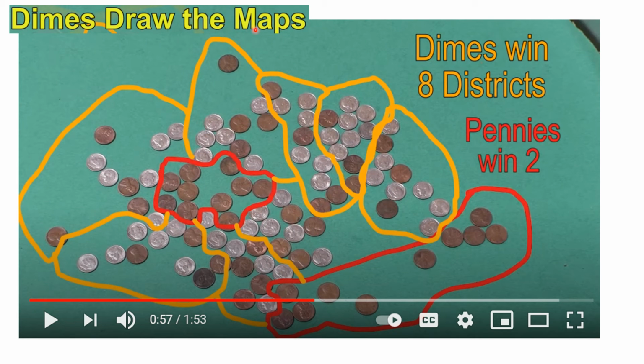If the dimes draw the maps, what they can do is draw configurations, and you can count to see where the pennies are clustered here and here, so the pennies win 2 of these districts, but you can verify by counting that the dimes win 8 of the districts.